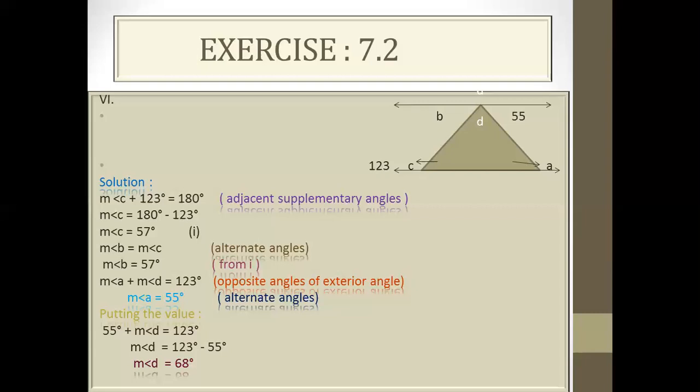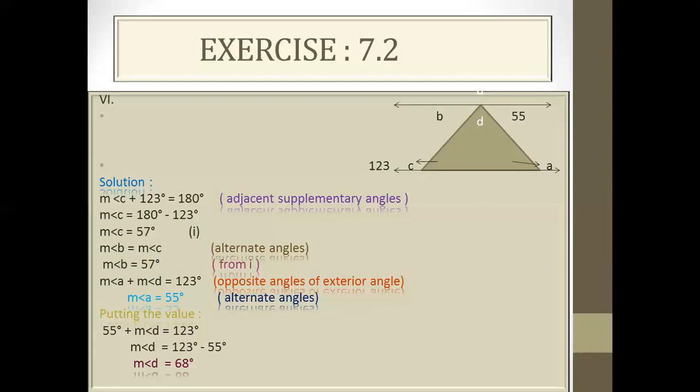Also, we can find the value of D from 55 plus D is equal to 123, because D and 55 and 123 are alternate angles. So we write D plus 55 is equal to 123. Shift 55 to the other side, angle D is equal to 68.